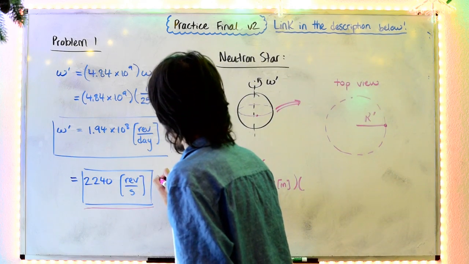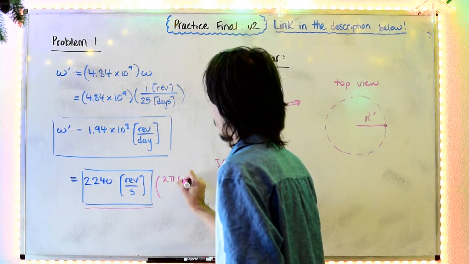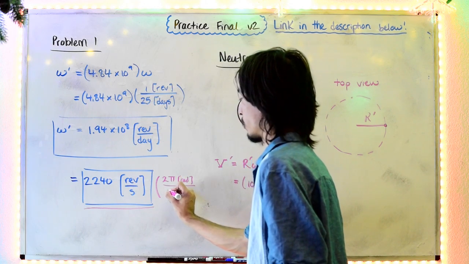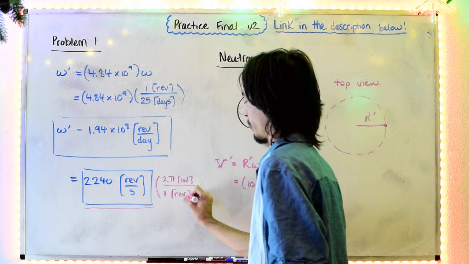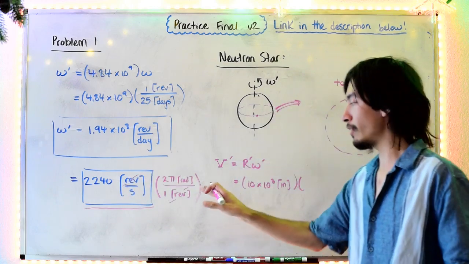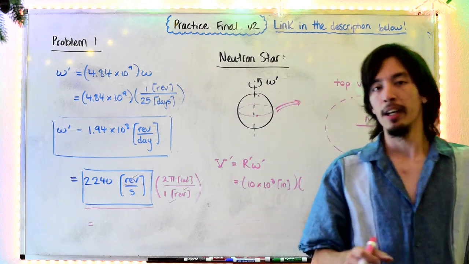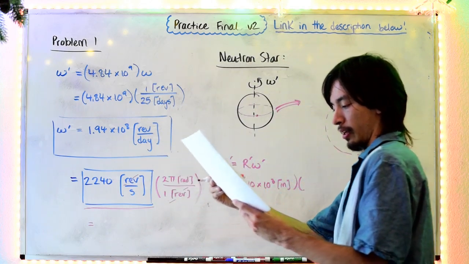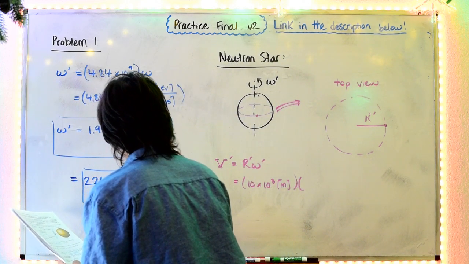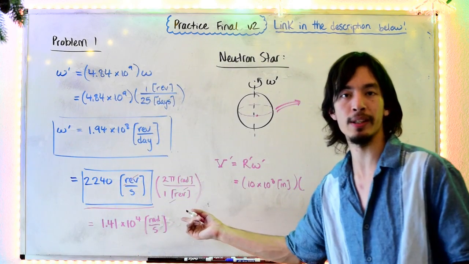So all you do is you take this value and you multiply by 2 pi radians. You don't technically need to write the unit out, but it's just to emphasize there, per 1 revolution. This will cancel out the units of revolutions, and it will give you radians per second. In that case, when you convert that properly, the value that you'll get is 1.41 times 10 to the fourth radians per second, or 1 over seconds.